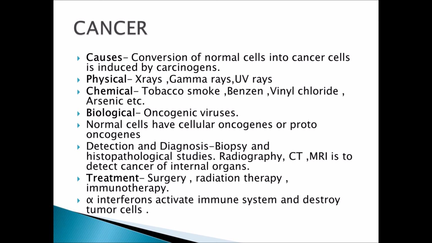Normal cells have cellular oncogenes or proto-oncogenes. So, certain normal cells also have cellular oncogenes or proto-oncogenes which get activated when they are exposed to particular environment. So the normal cells, with the help of these proto-oncogenes in certain conditions, may get converted to cancer cells.